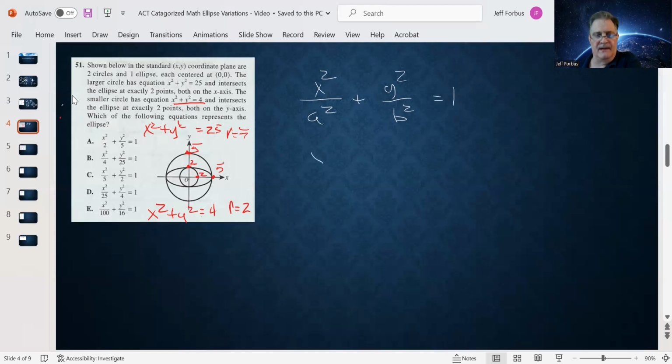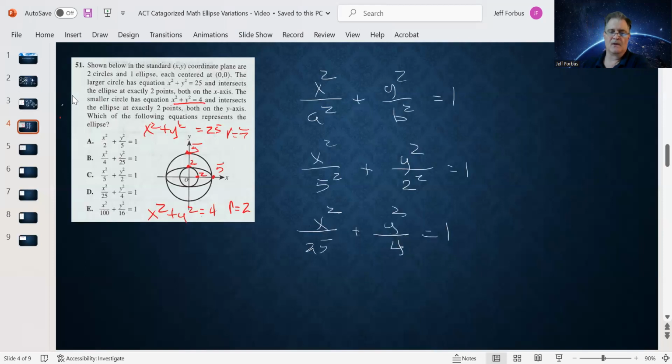So this is going to be x squared over 5 squared plus y squared over 2 squared is equal to 1. Let's clean it up. x squared over 25 plus y squared over 4 is equal to 1. So there's our equation for the ellipse. And that's going to be answer choice D as in dog.